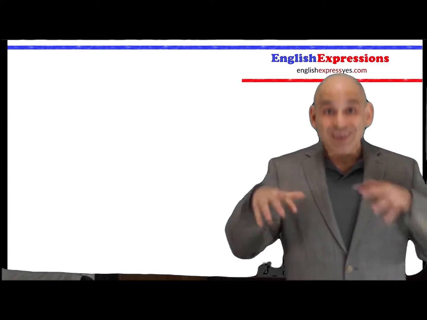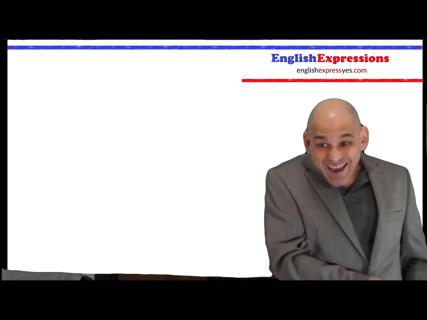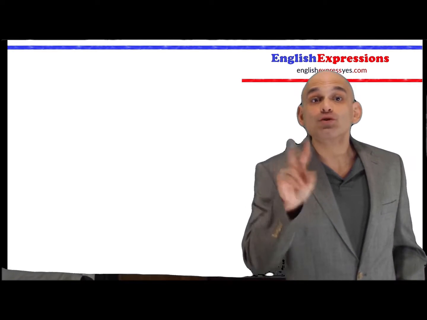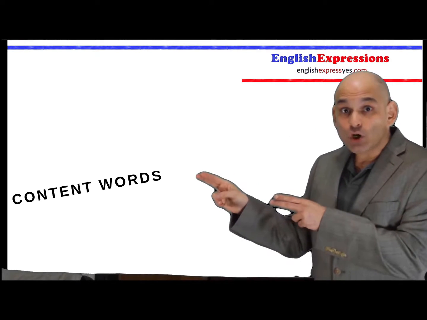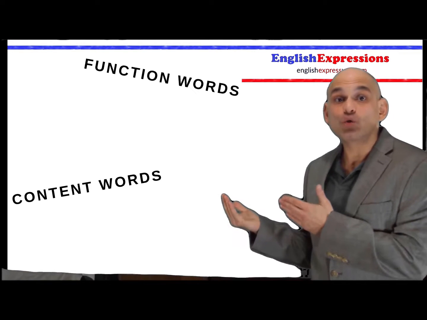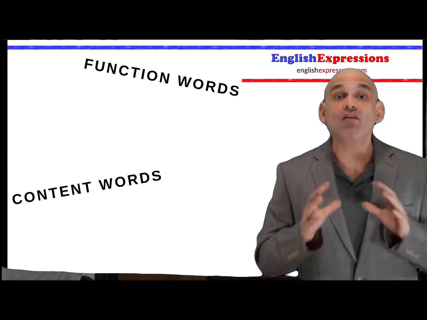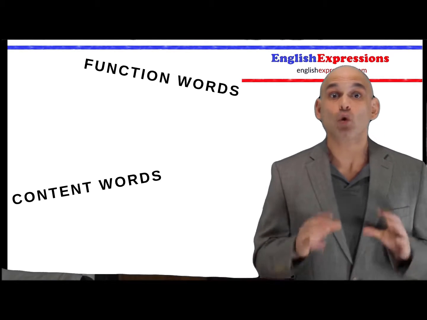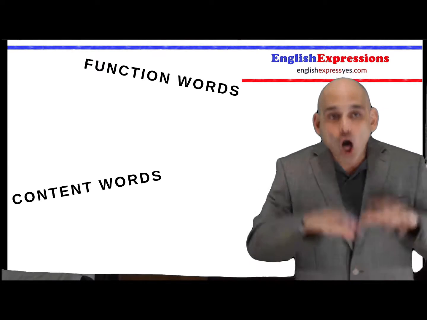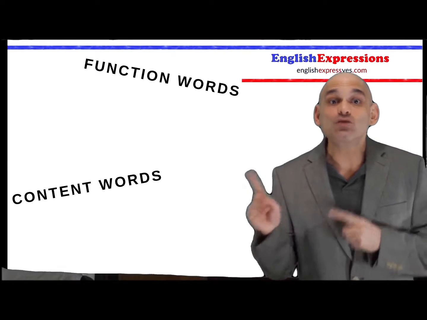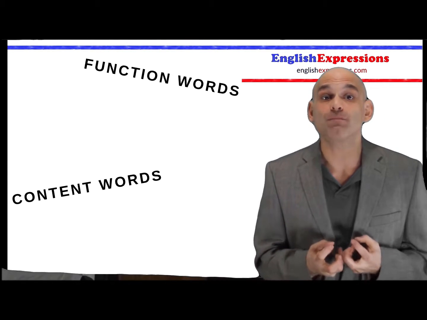Okay, now, for this lesson, we're going to divide English words into two groups. Content words and function words. Now, content words are the words with content. They're the words with meaning. Now, all the words have a meaning, but these words are really important.